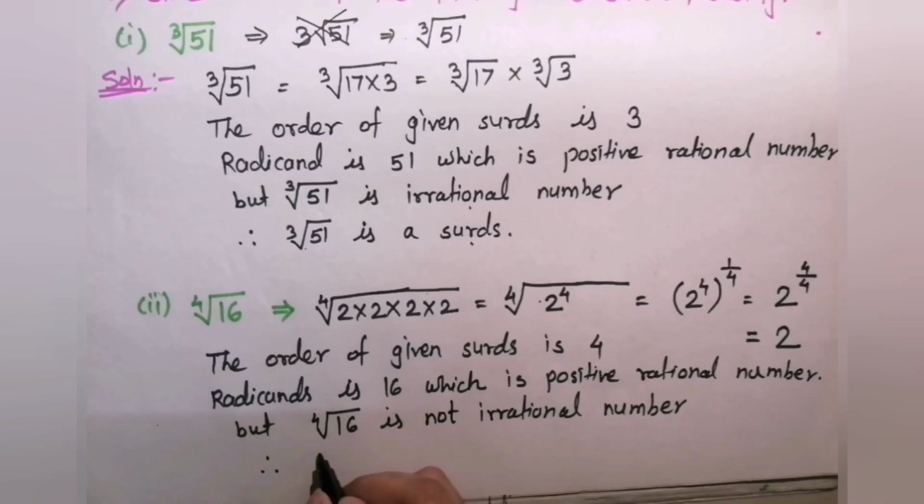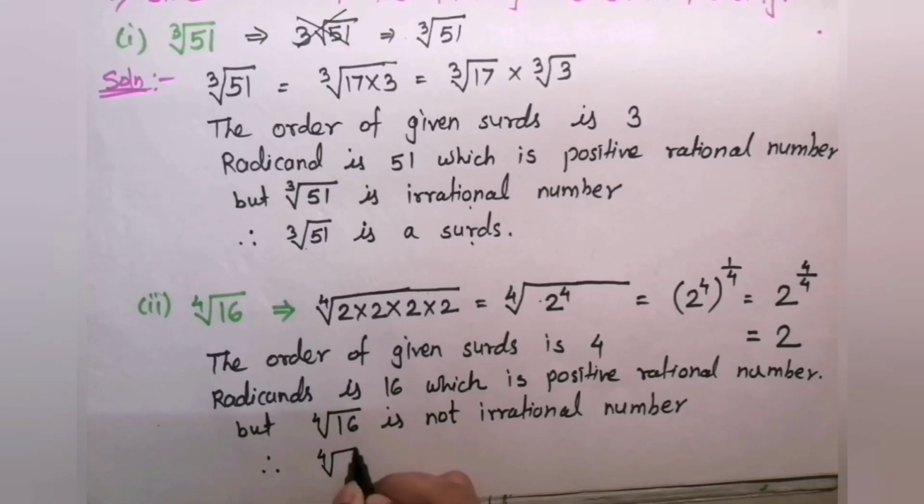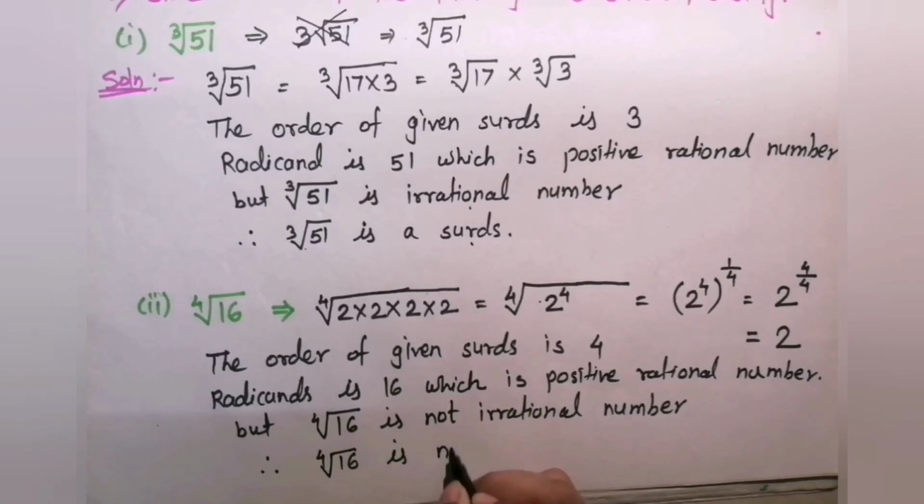Therefore, the fourth root of 16 is not a surd. So simple, no, students? Yes. So in this way, we have to solve the remaining examples also. Now write down the next question.